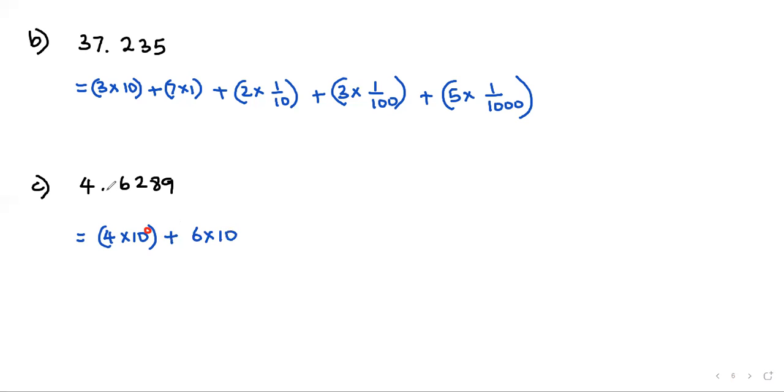Now, when we go to after a decimal point, we use negative powers. I will say 6 times 10 to the power of negative 1. 10 to the power of negative 1 is the same as 1 out of 10 to the power of 1. That is the same.